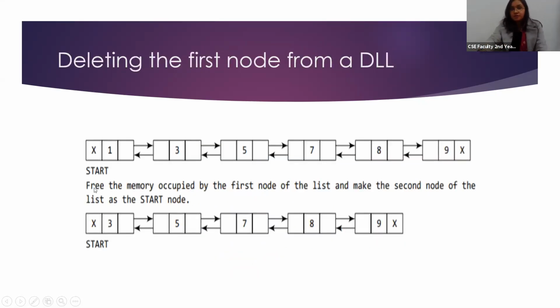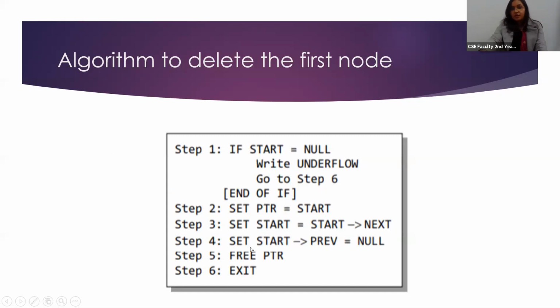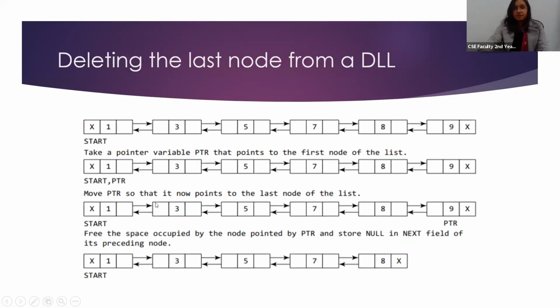Start equal to start next. What is meant by that? Start will now contain the address which is present in start next, means here. That means start will now contain the address of this node because the address of this node is present here in start next. Next, set start previous equal to null. Now my start is here.